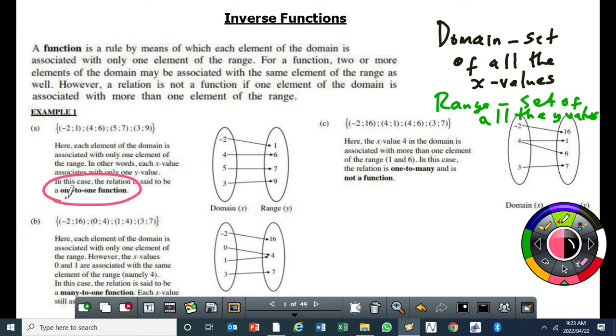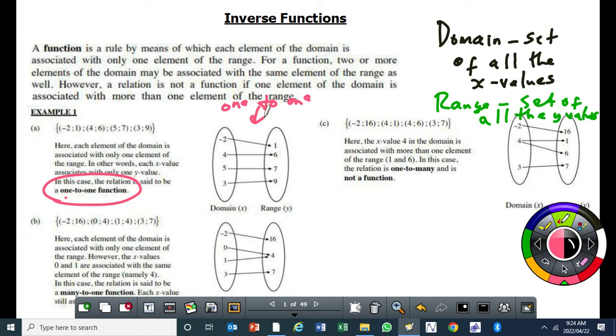So one x value gives you one y value. Now when you do a mapping diagram, you get something like this for one-to-one, whereby each x value or each input value gives you one corresponding output value.